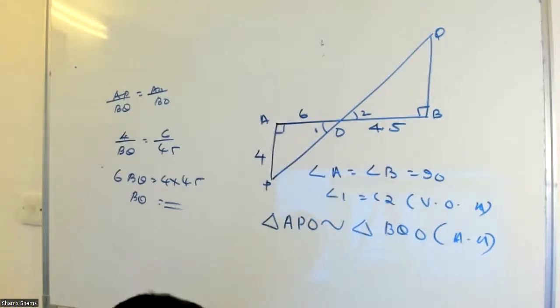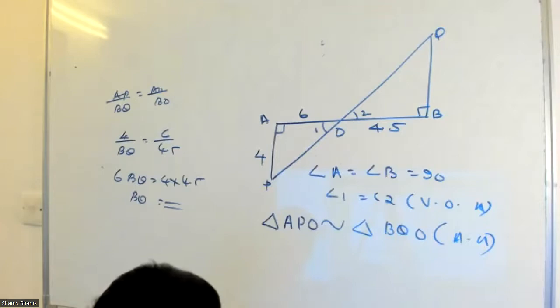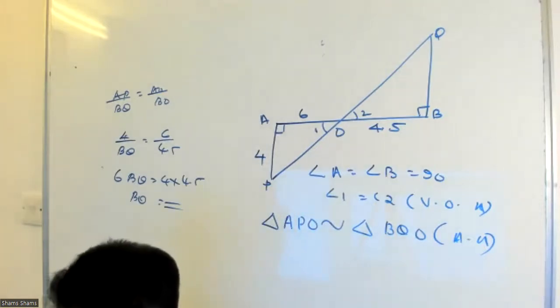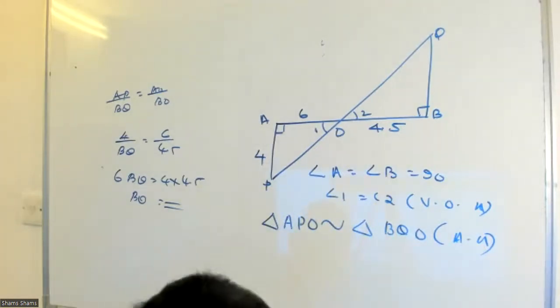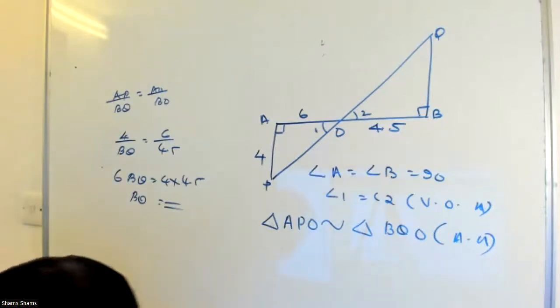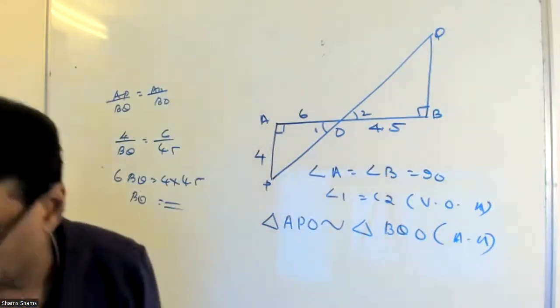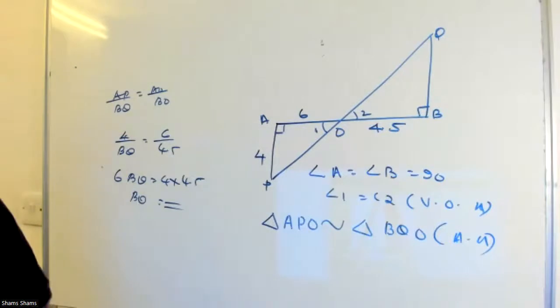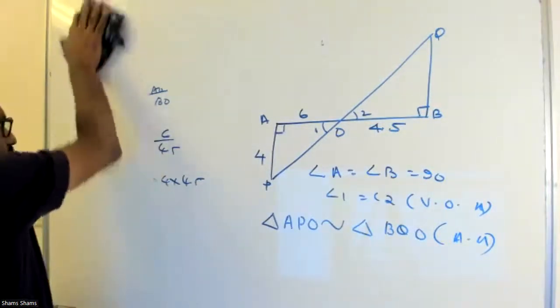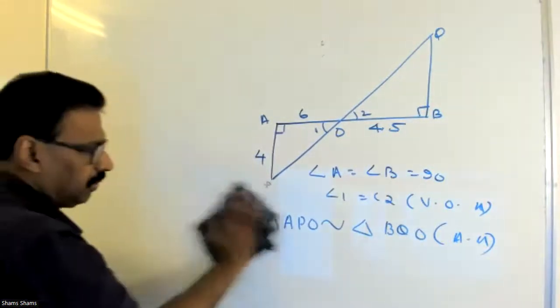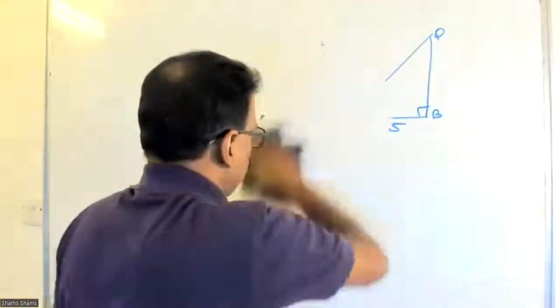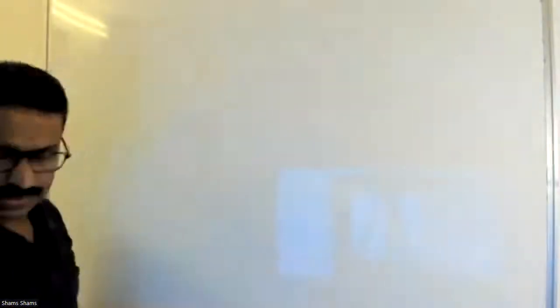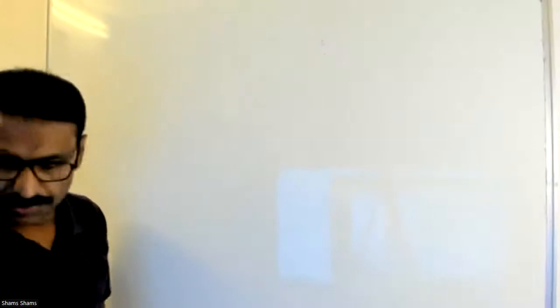X and Y are points on AB and AC, such that AX by XB equal to 3 by 4.